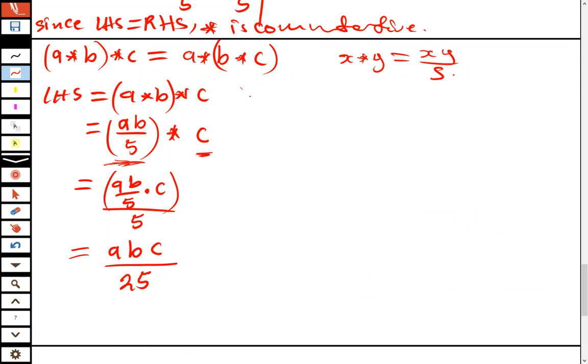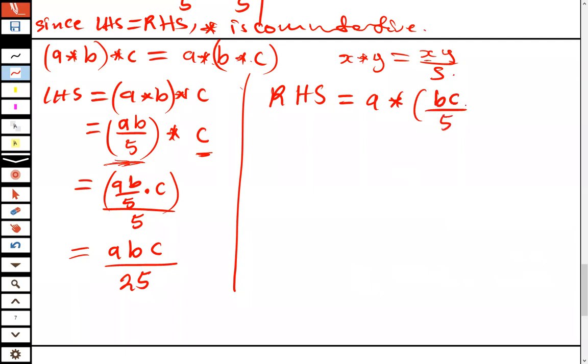Okay, so let us also deal with the right-hand side. So the right-hand side is going to be A star, and in brackets there, we have B star C. So we start with, while there's X here, we put B, while there's Y, we put C. So we're going to have B times C over 5.